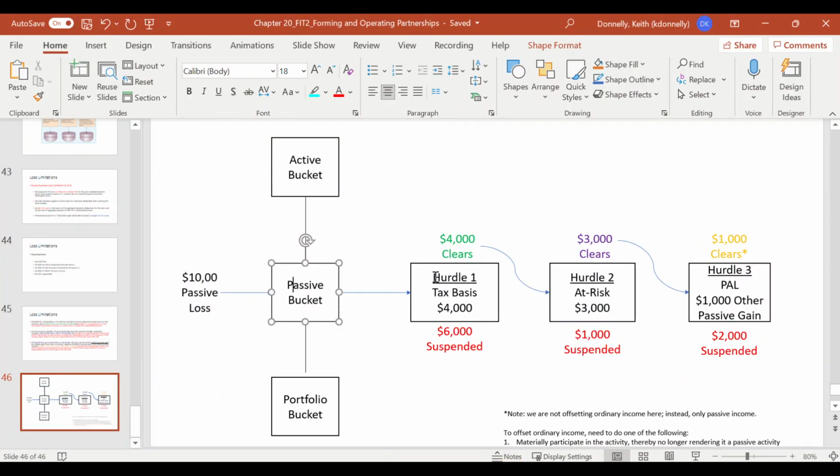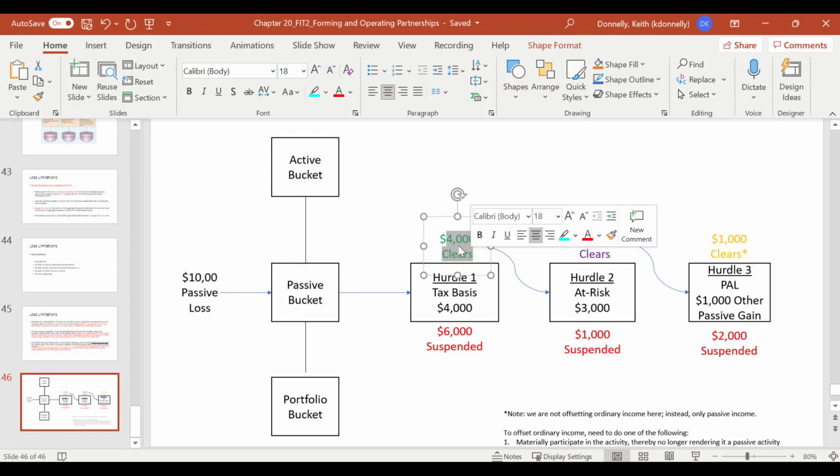So the first hoop or hurdle is the tax basis. In this partnership from which we receive a K1, we have a $4,000 tax basis. So we have a $10,000 loss flowing through. Looks like 4,000 is going to clear this hurdle. You can only go up to your tax basis in it. So if 4,000 of the 10,000 clears, then that means 6,000 is suspended at that level.